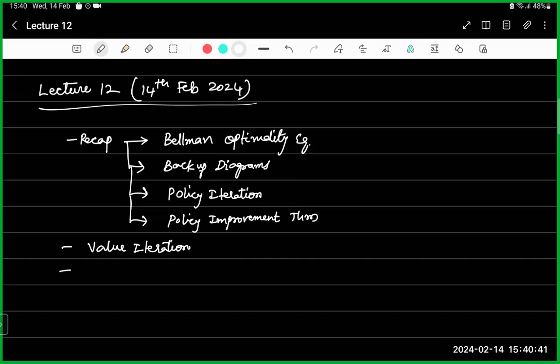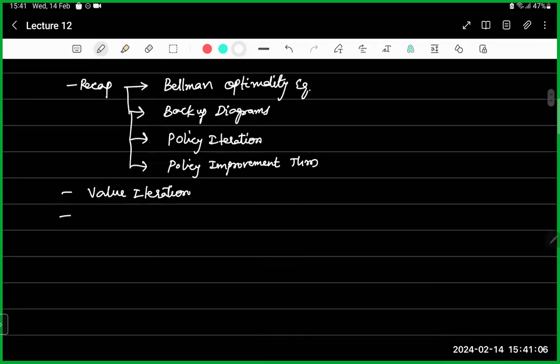So we'll discuss another way to evaluate the policy. Instead of inverting a matrix, we'll propose a simple way to evaluate the policy, and then discuss why that simple way will work. So that is what we'll do today.